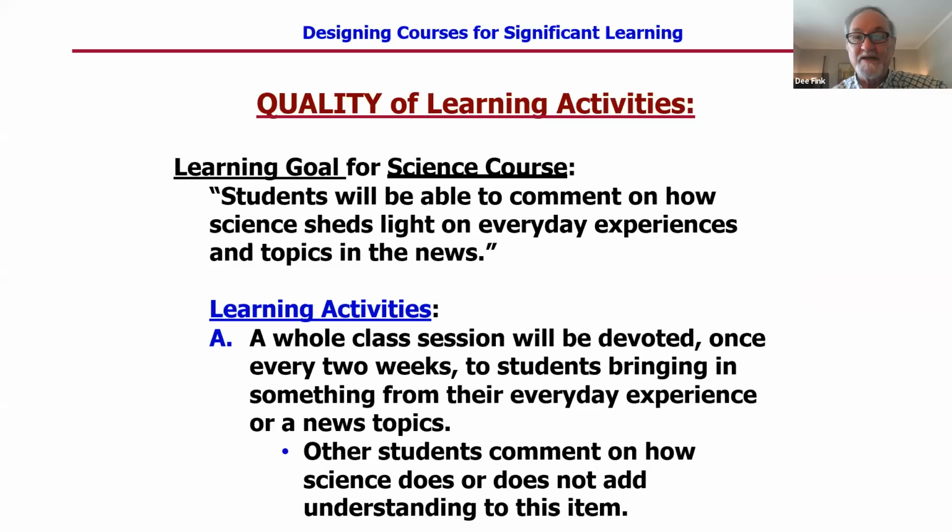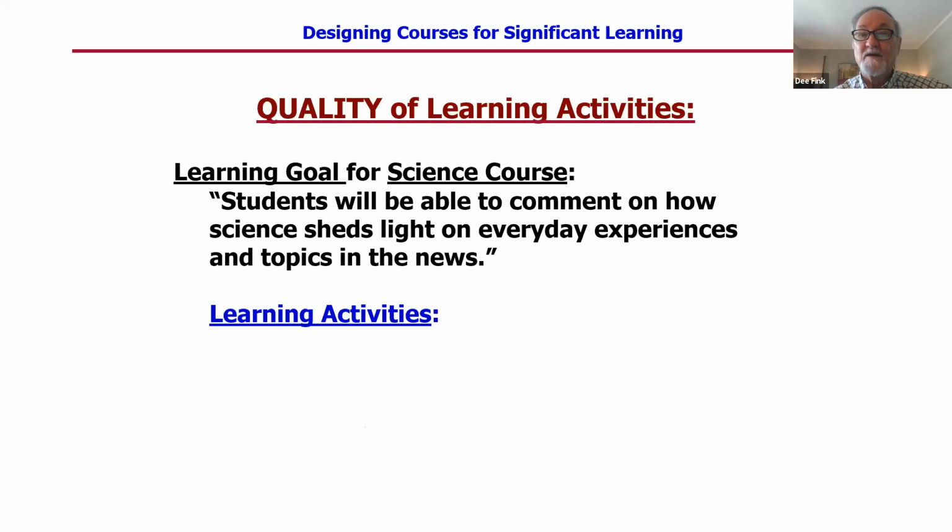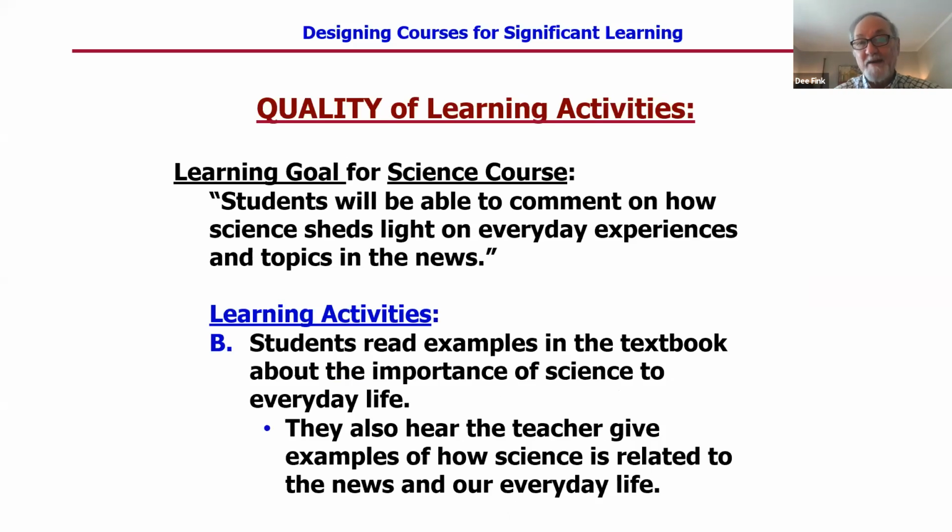One activity to make that happen is to have students themselves bring in something from their everyday experience and then have the whole class or small groups comment on how what they've learned so far in that course does or doesn't add to an understanding of that item. Versus where they read examples in the textbook that make those connections, so you can see the connections the textbook makes, and maybe hear the teacher also comment from examples.